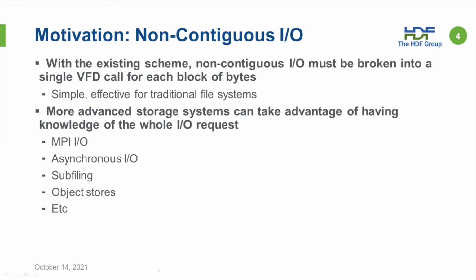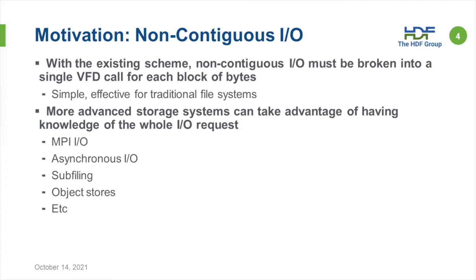So here are some examples of systems that could take advantage of knowing the shape of the entire IO request. There's MPIO, where you can build up an MPI data type and pass that data type to MPI. And especially in the case of collective IO, MPI can be a lot smarter about how it does things, and it might move data around in ways that make it more efficient.